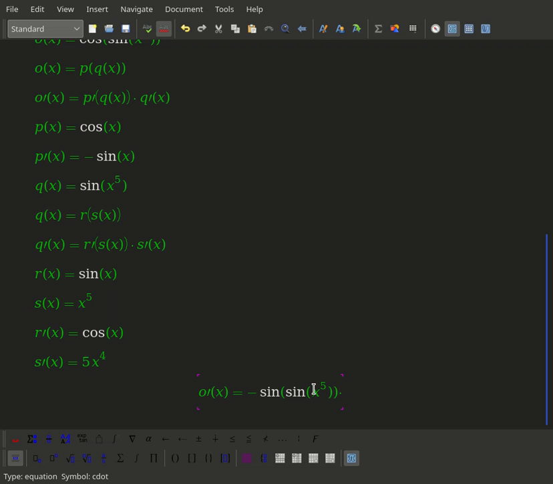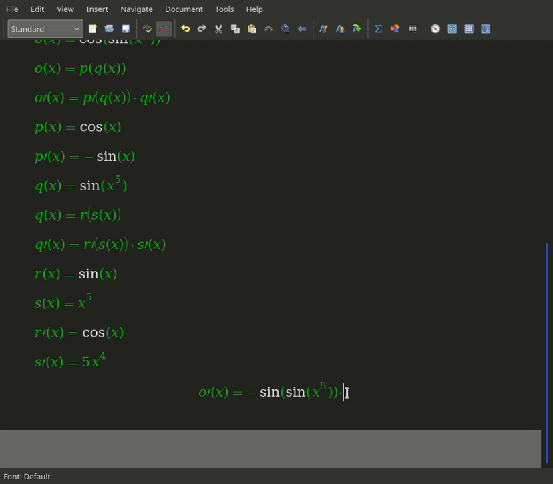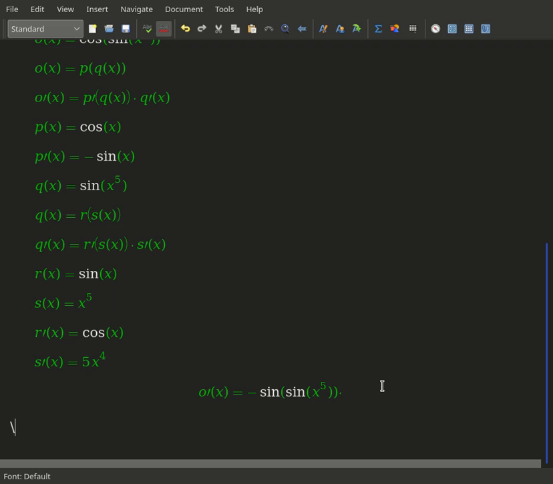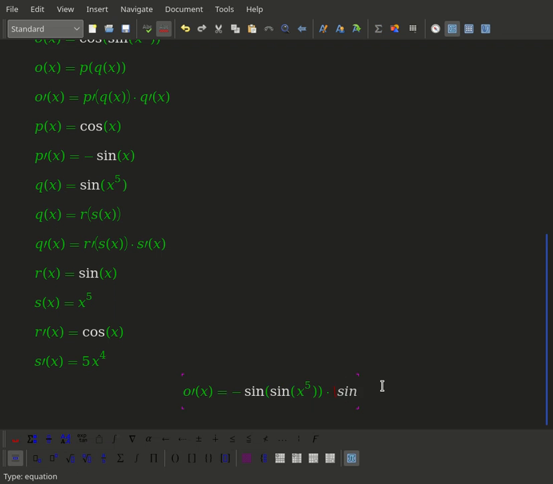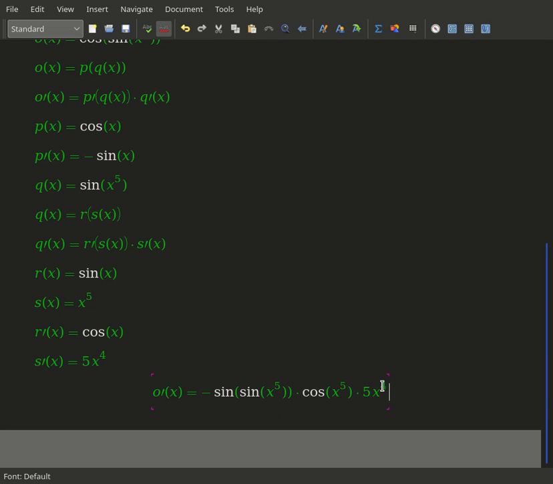Boy, this thing nests pretty deep. So what we're looking at here is O prime has to have Q prime in it. Q prime is this thing, and that thing is R prime, which is cosine of x to the fifth, times S prime, which is 5x to the fourth. So that gives us O prime.